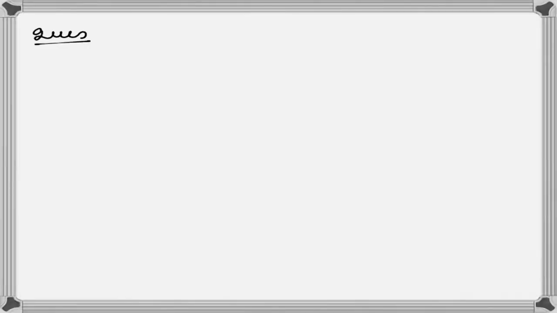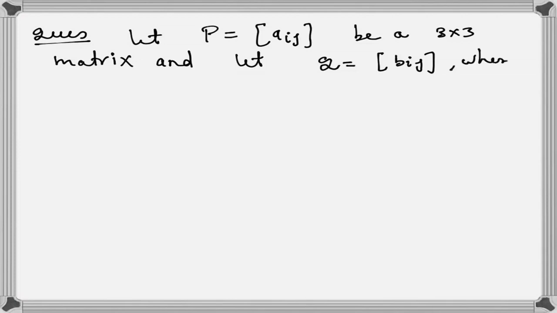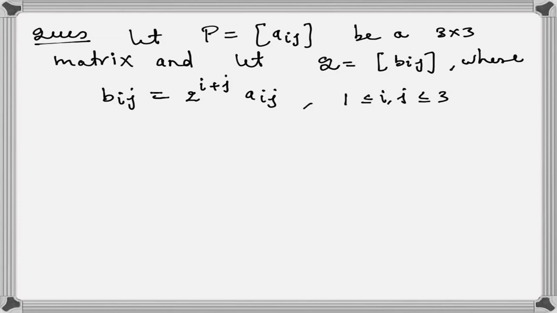Okay, so let's solve another problem. The question is: let P equal to the matrix Aij be a 3 cross 3 matrix, and let Q equal to the matrix Bij, where Bij is equal to 2 to the power I plus j times Aij, where I and j are integers between 1 and 3, so they can take values 1, 2, 3.